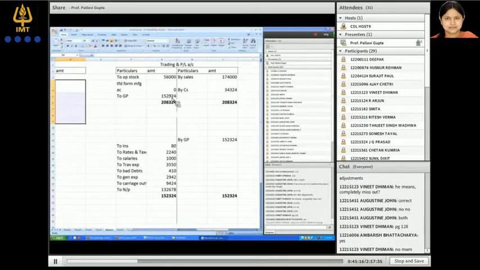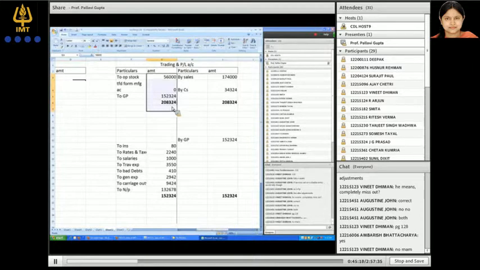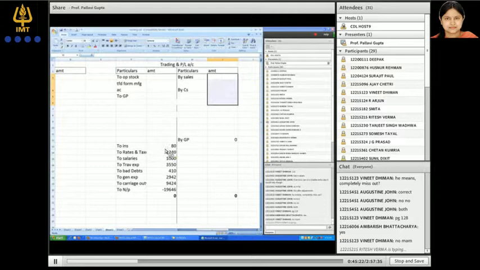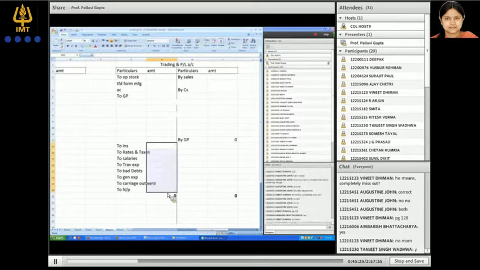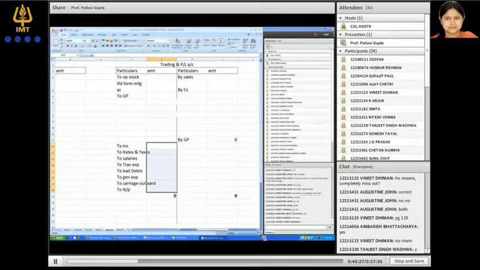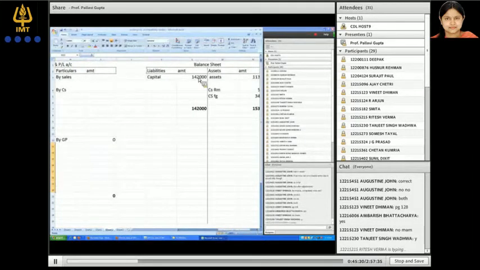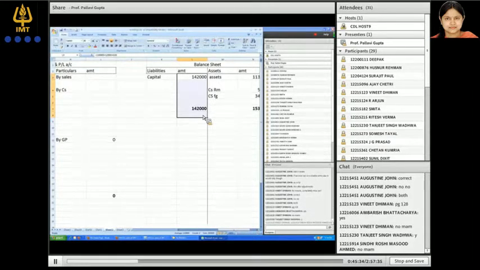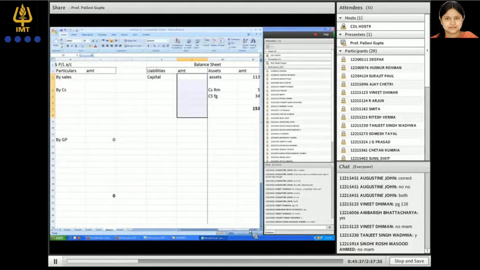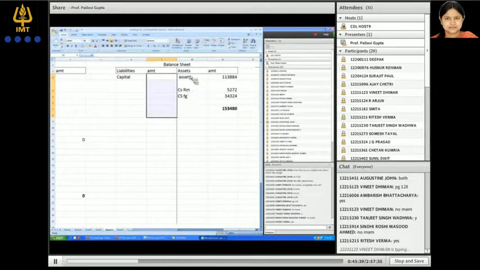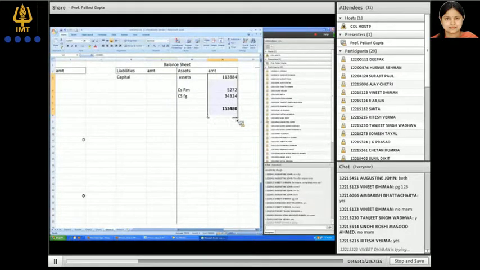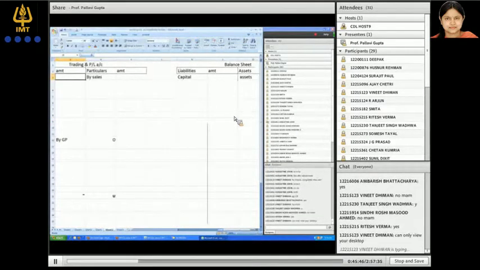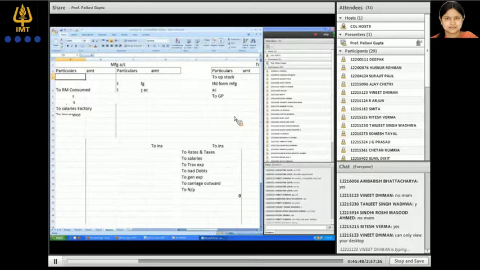Excel sheet is visible. Just pause for a second. It may take a few minutes to reload it. But I'm here on the Excel, Vineet.